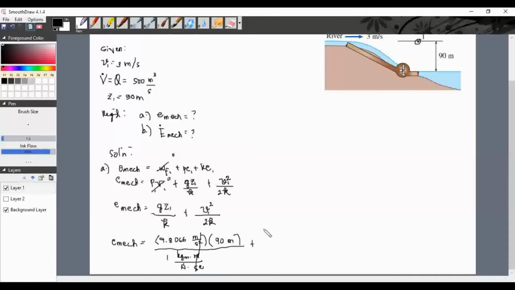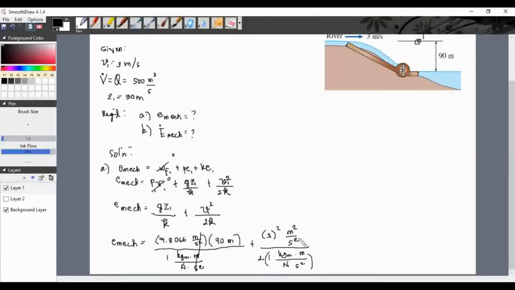So ating velocity is 3 raised to 2. So i-raise din natin to 2 yung unit, no? So this will become meter squared per second squared all over 2 times, gamit din tayo ng proportionality constant na 1 kilogram meter per Newton second squared.